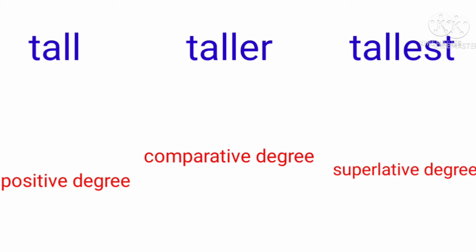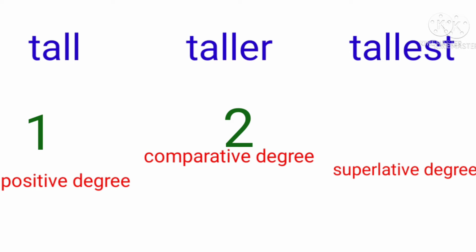So what are these three degrees called? The first degree of the adjective is called the positive degree. The second degree becomes the comparative degree, because there is a comparison between two people, persons or things.